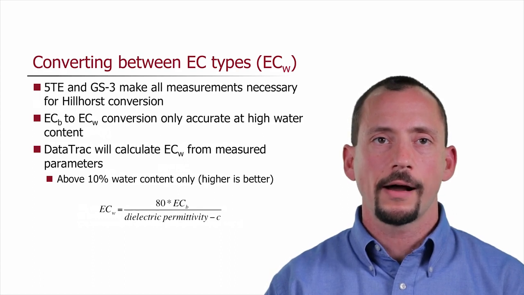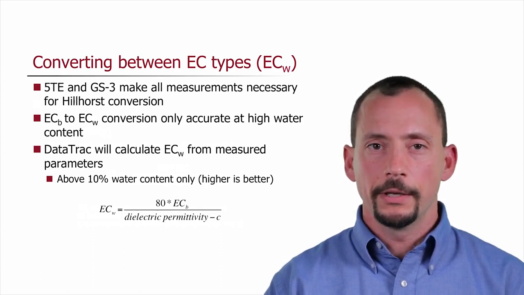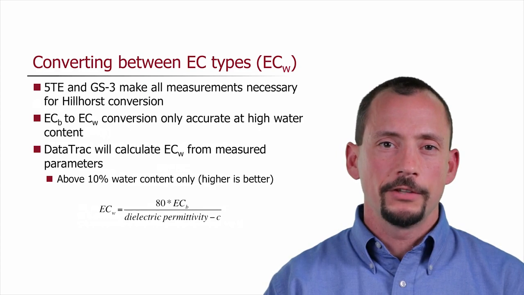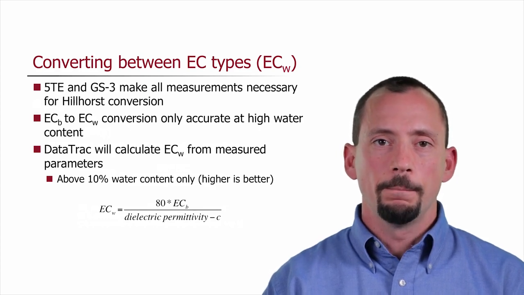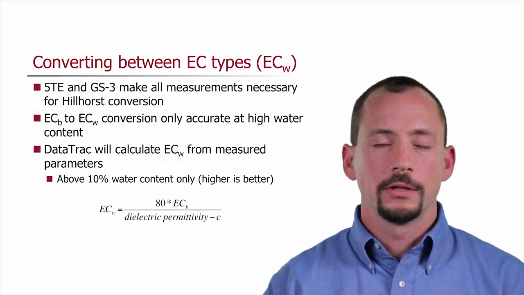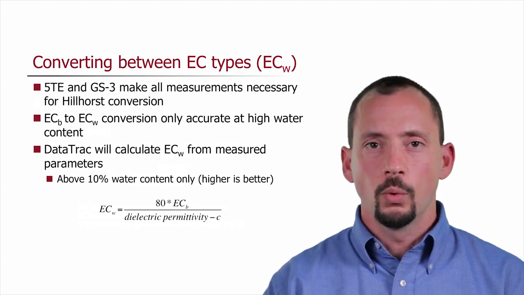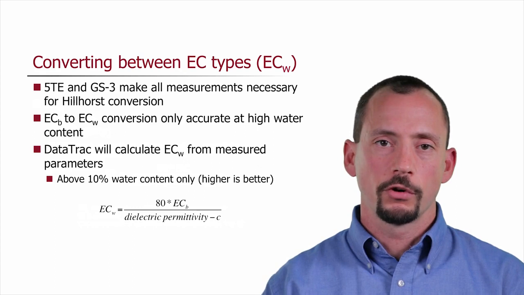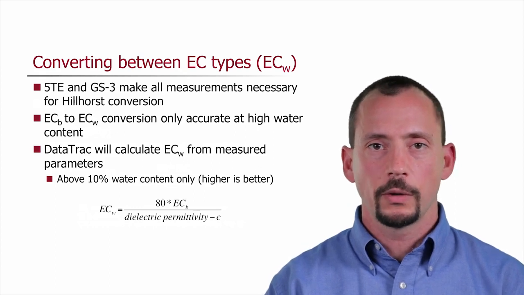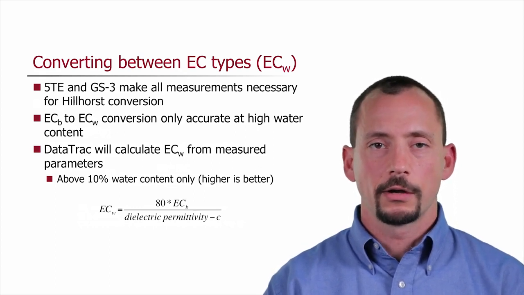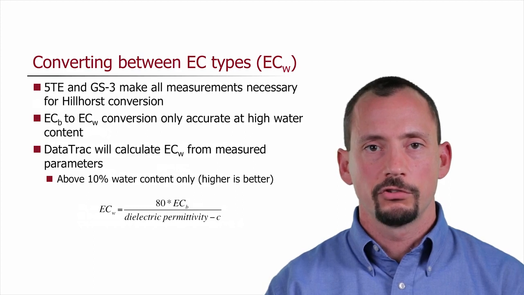So you have to do this at high water content. We've limited our software to only do this above 10% water content. Measurements really are more accurate if you go higher than that. So this shouldn't really be used in low water content situations. Of course, most of the time, if you're in an irrigated situation, you're working in higher water content situations anyway, so it's generally not an issue.